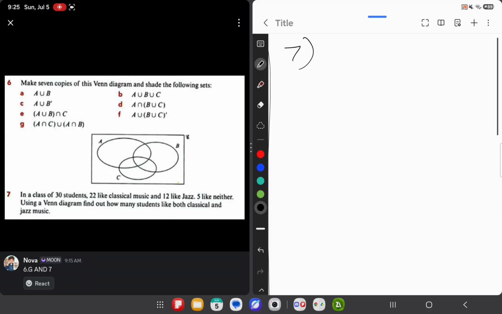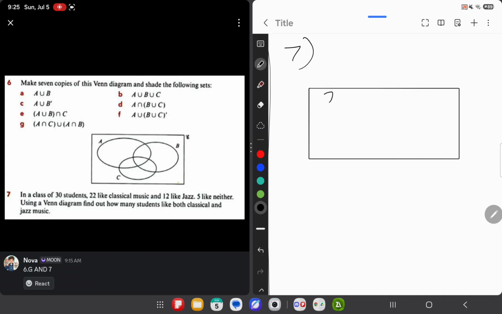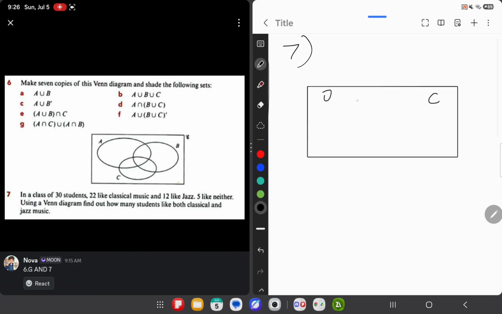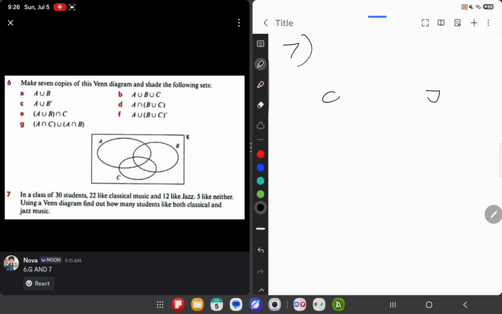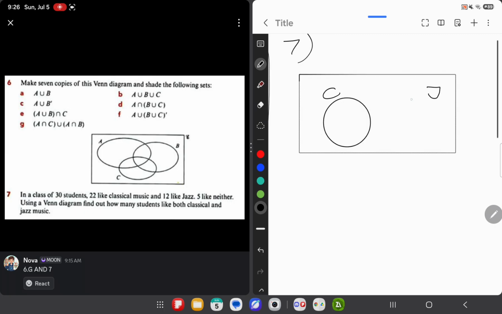Let's draw the diagram. What do people like? Classical music and jazz. So there are two components, jazz and classical. Let's just do it in order of the question. Now classical will have this and jazz will have this.